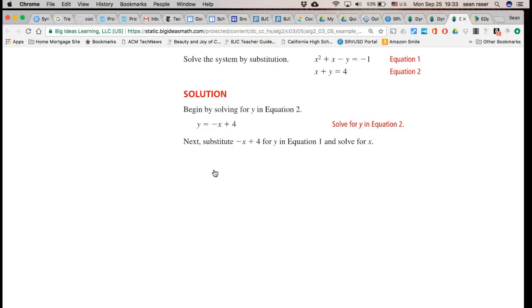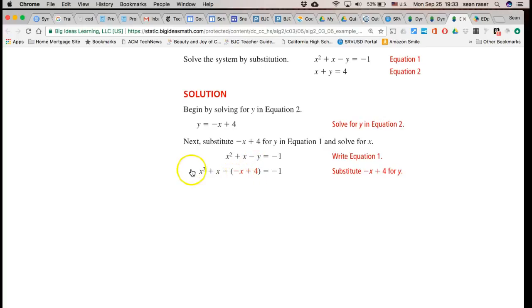So here's our equation 1. Because we need to keep track of all of our signs, our negatives and positives, you always want to make sure that when you substitute for a variable, you use parentheses.